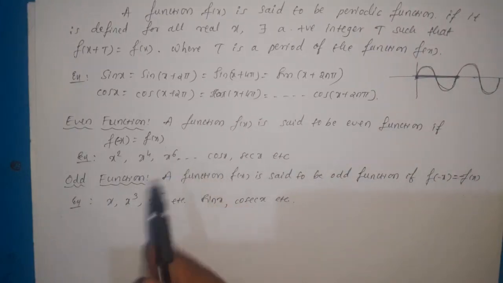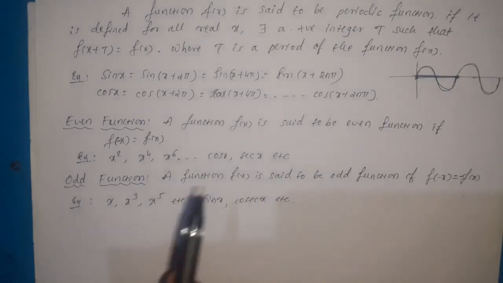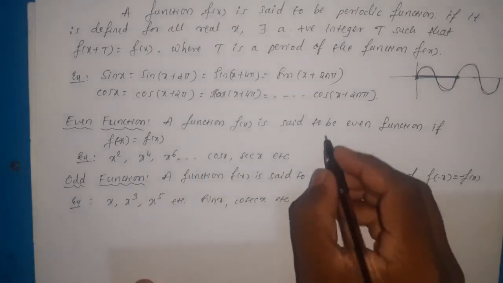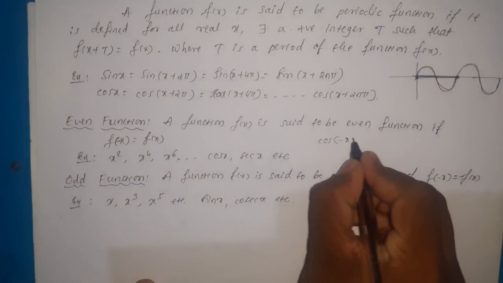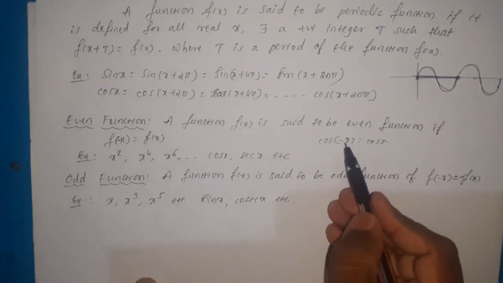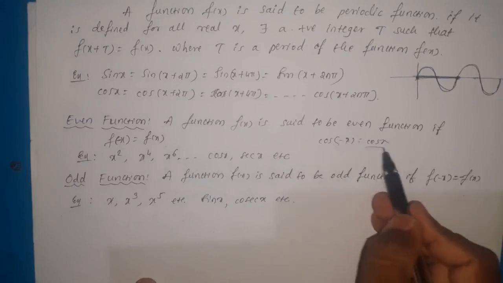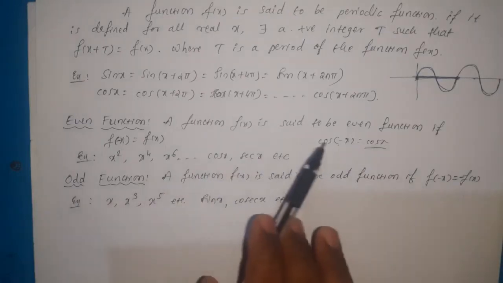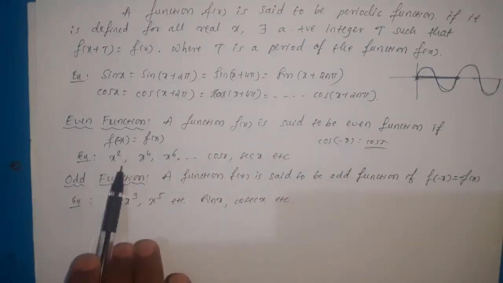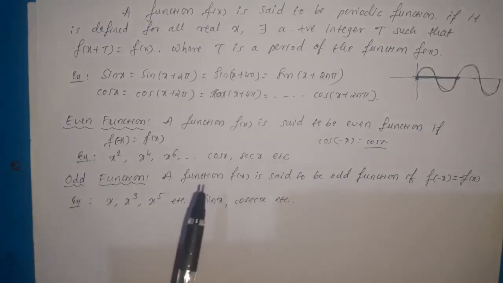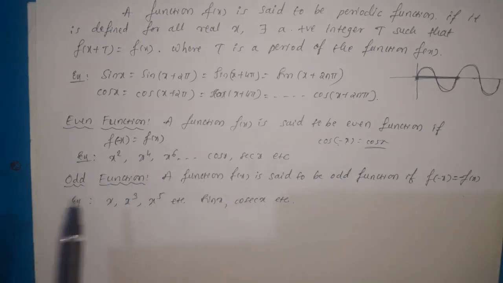Here even powers of x, they are all even functions, and then cosine and secant x are even functions, because we know that cos of minus x equal to cos x, means if you replace x by minus x, then also that cos x will not change. So therefore cosine function is the even function, and here x square, x power 4, x power 6, all even powers of x will be considered as even functions.